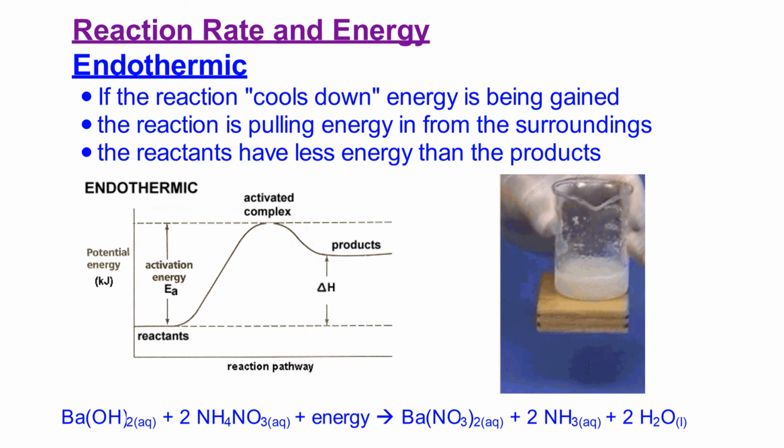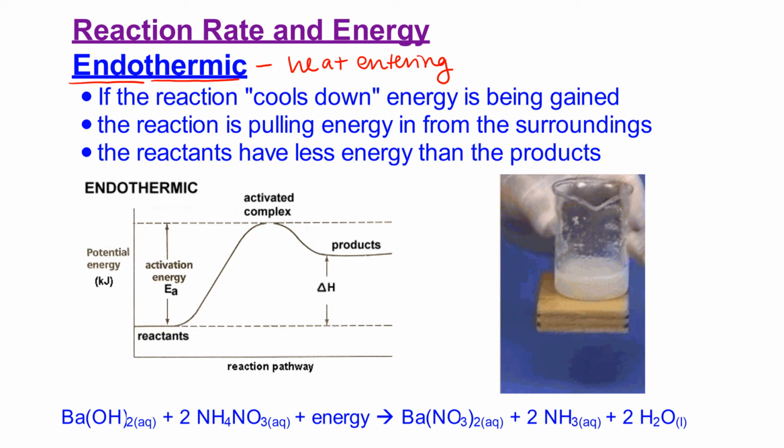So the opposite of an exothermic reaction is going to be an endothermic reaction. And you can think about endothermic as heat. Remember, thermic meaning heat, and endo, we're thinking about heat entering. So what is that heat entering? Well, the heat is entering the reaction. So in endothermic reactions, one of the things you're going to be looking for is when the reaction cools down.